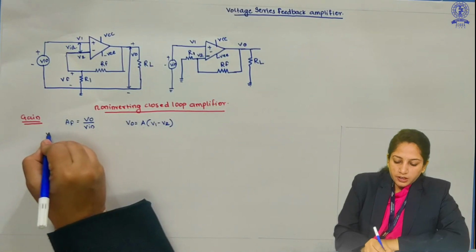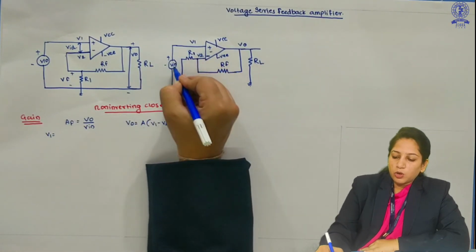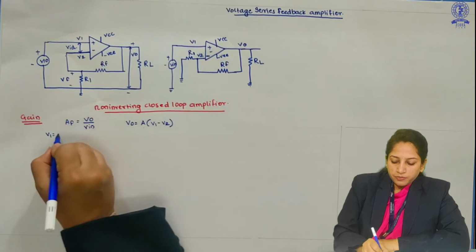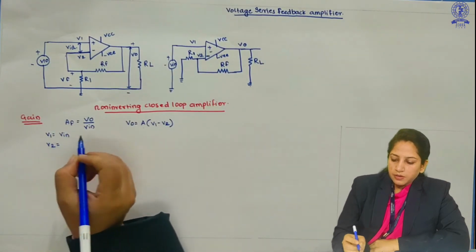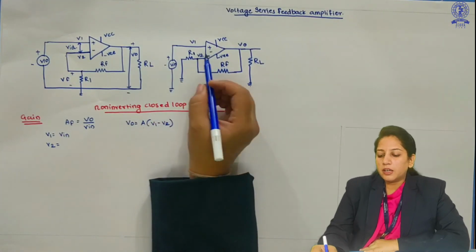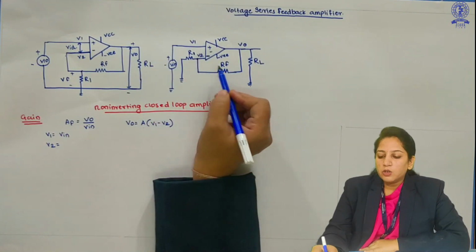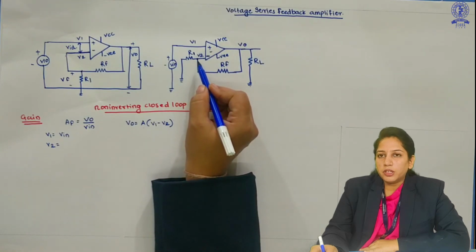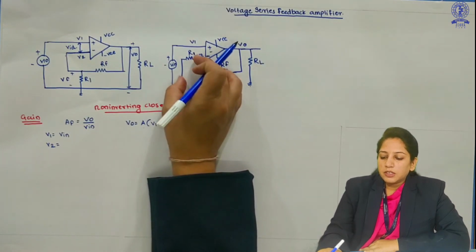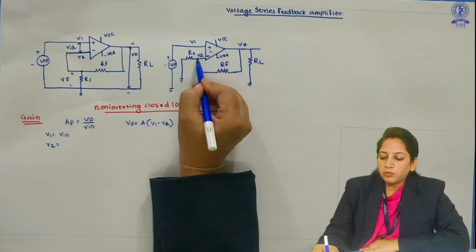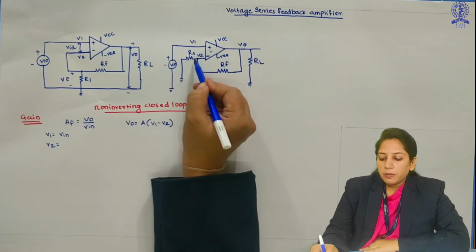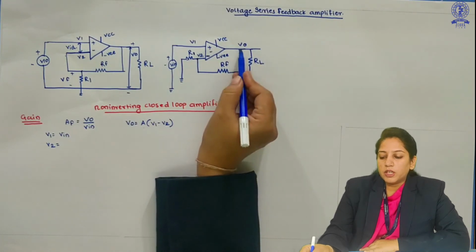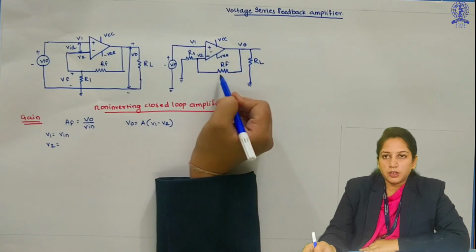V1 is given to the non-inverting terminal and it is V in. And V2 here, the voltage is divided, so the voltage here is calculated by the voltage divider rule. The voltage V2 across R1, which is a component with respect to ground, is R1 upon R1 plus RF into V0, because V0 is supplied from this terminal here.